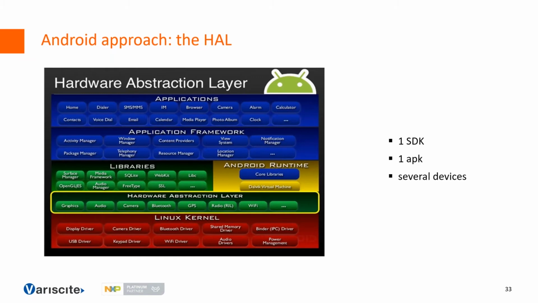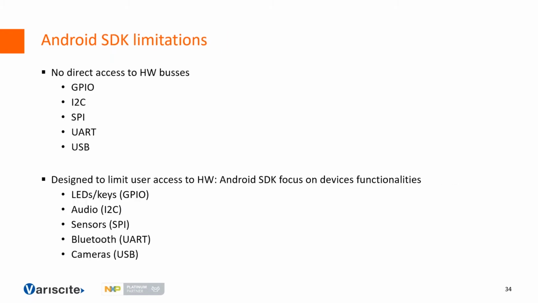Let's see about the limitation of the hardware abstraction layer in the next slide. So basically, the Android SDK does not allow you to access the buses. You don't have direct access to GPIO, I2C bus, SPI, and whatever. But if you look at the SDK APIs, you can see that you can access the functionalities.